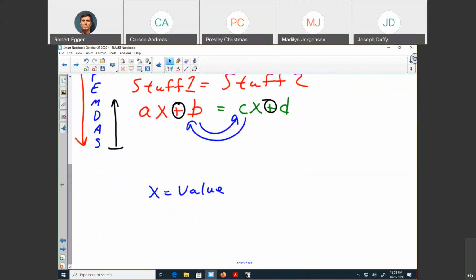After we're done with adding and subtracting, you may end up with, just for the sake of argument, 3x plus 6. Well, now what do I have on my variable? I have a coefficient, and it's with multiplication.